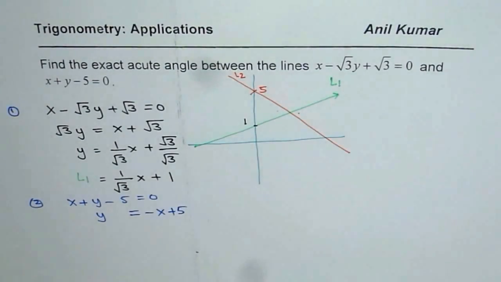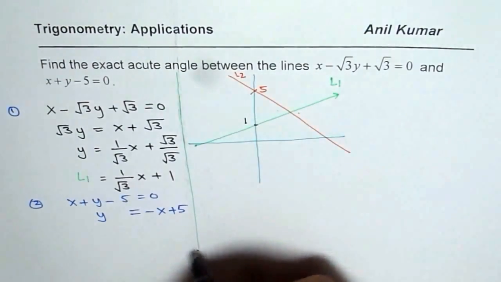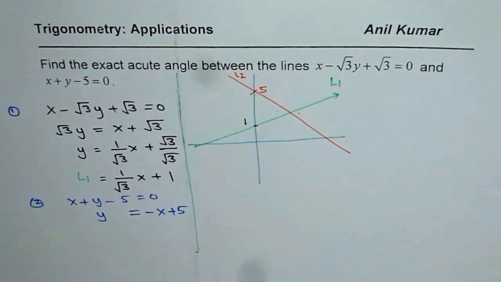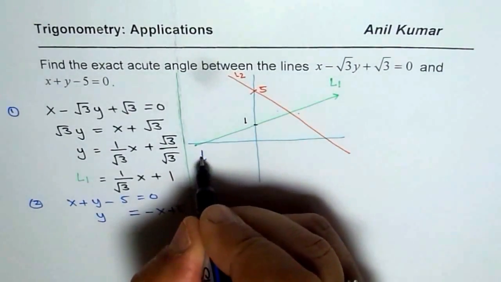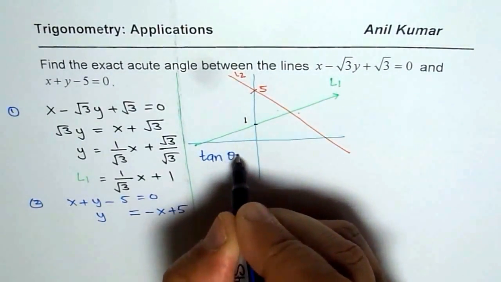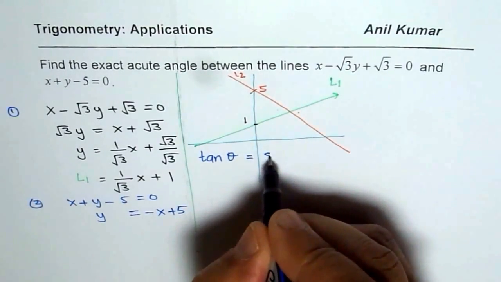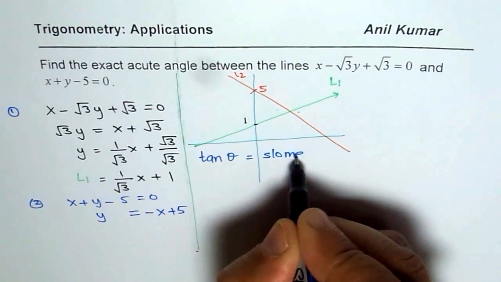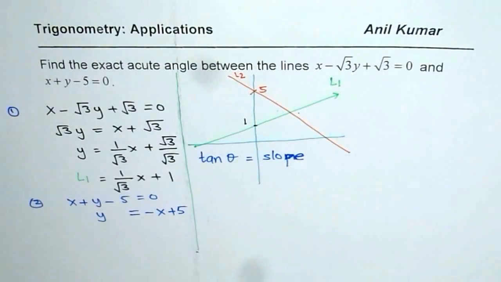Remember one thing which is critical to solve this question: how is slope related with the angle? Tan theta, where theta is the angle which the line makes with the horizontal, is actually the slope. So tan theta is the slope of the line.